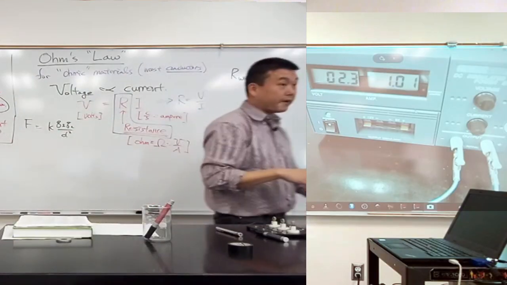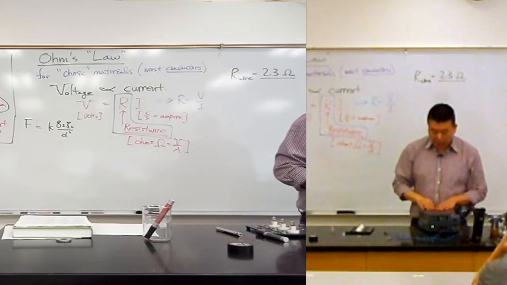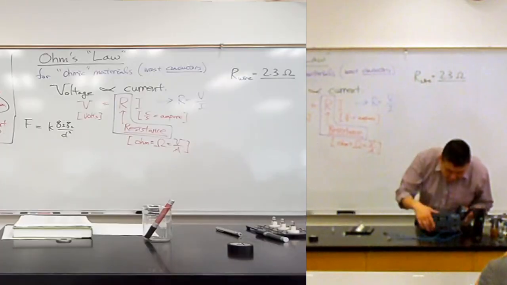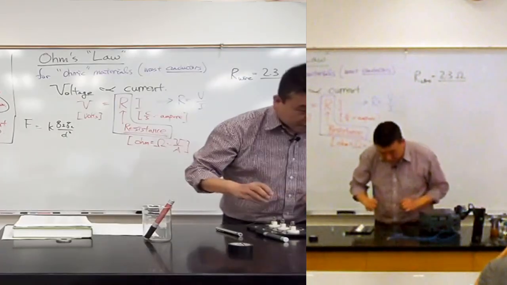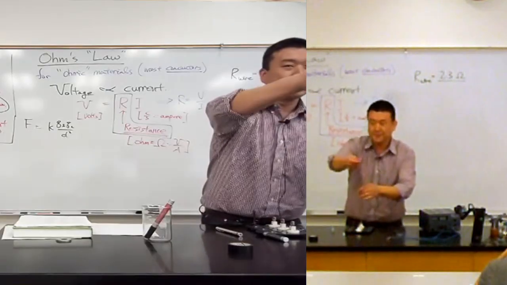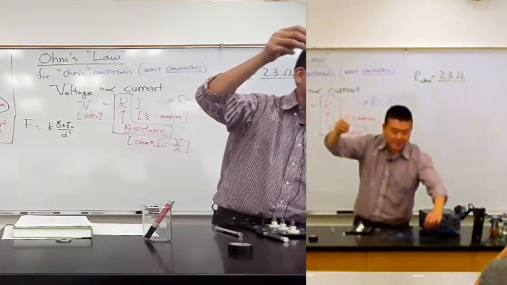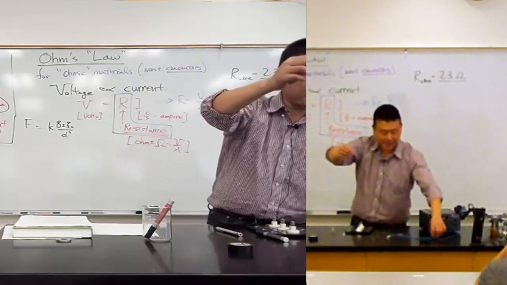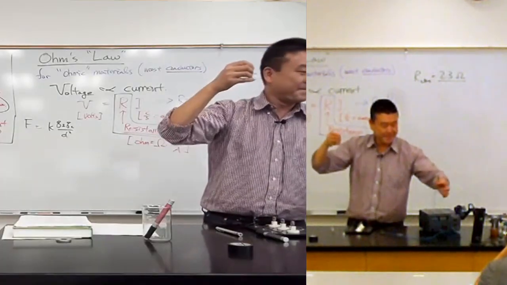It's just a piece of wire. Now, let me turn this off first. I don't want to hurt myself. Is it hot? All right. Voltage-wise, it's actually pretty safe. What I'm worried about is that this might have heated up, and I don't want to burn myself.